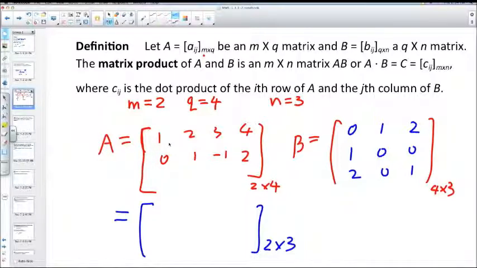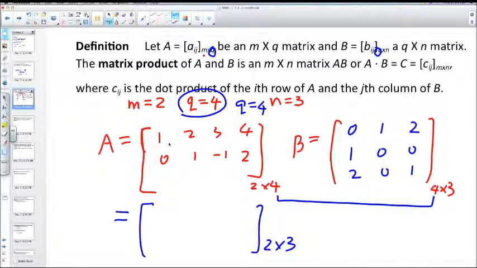The first thing you need to check to see if it's doable is the middle one, Q: the columns of the first matrix must equal the rows of the second matrix. Here Q equals 4. That's the checkpoint before you do the multiplication.